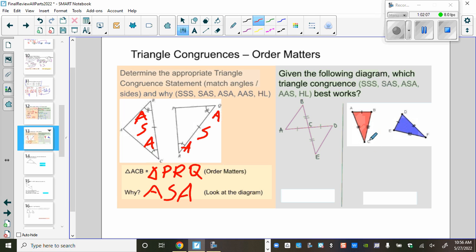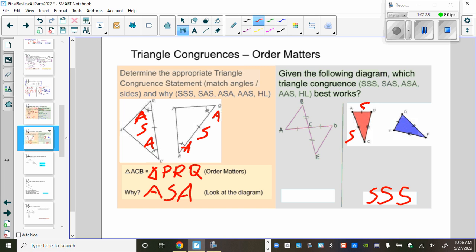What do we notice about the triangle? Both triangles. What's marked for both triangles? Are there any angles marked? No. So it's either gonna be a side, side, side. That's only gonna be a side, side, side, because only sides were marked.